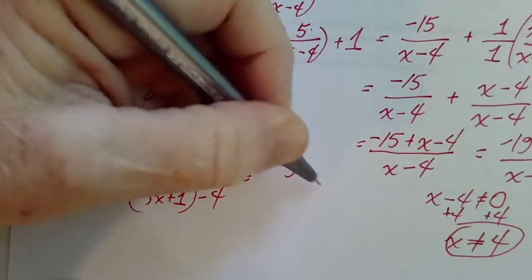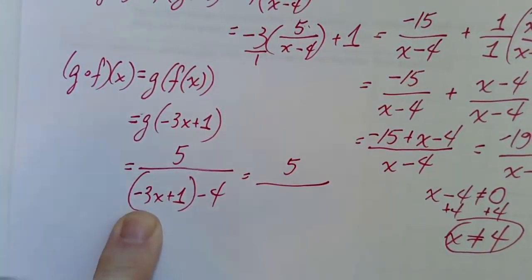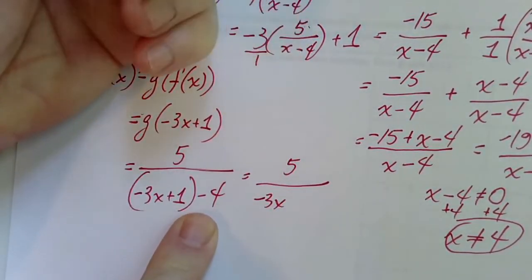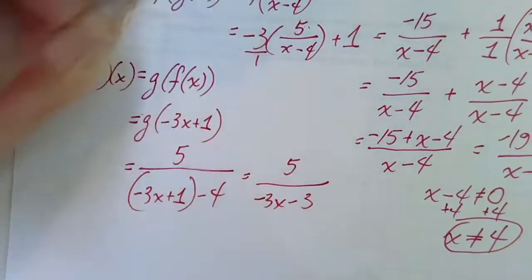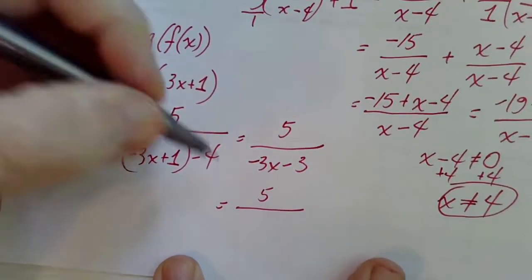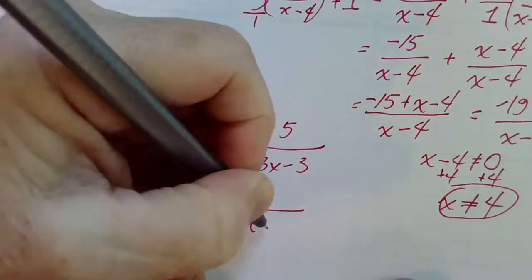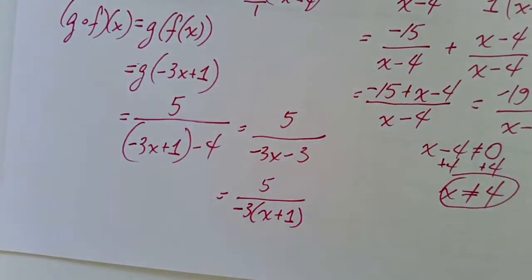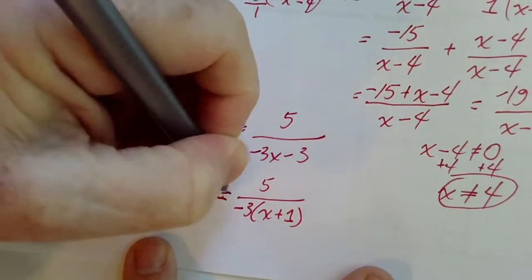In the numerator I have 5. Then I have negative 3x plus 1 minus 4, which is negative 3. And to make this easier to read, I'm going to factor out a negative 3. And like we've talked about in class, a negative in the denominator makes it harder to understand the fraction or to use the fraction later.